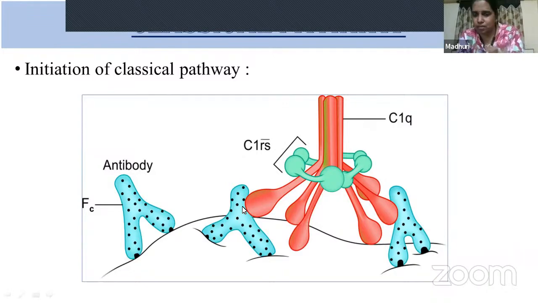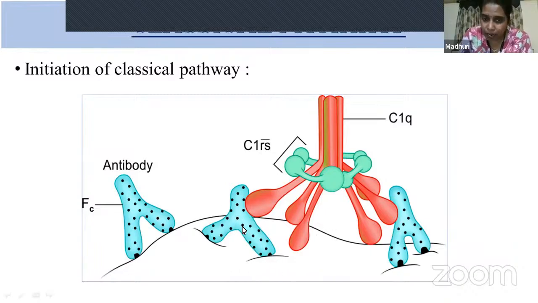Now, if this is clear, we'll proceed to the next one. I'll repeat it again. The first component which is coming into picture is C1. When does C1 attach to the immunoglobulin? It is only after the antigen binds with the specific antibody.